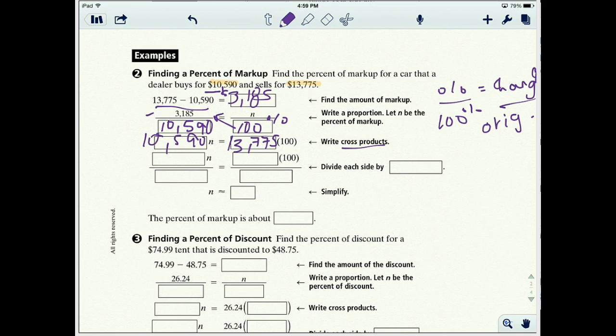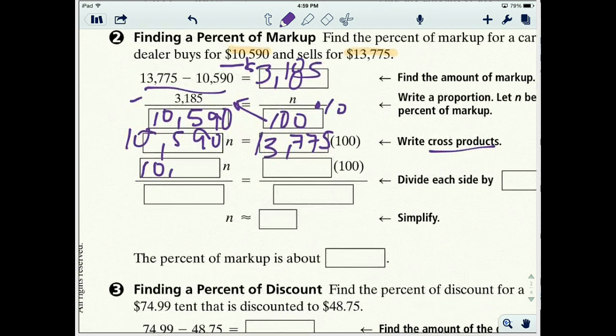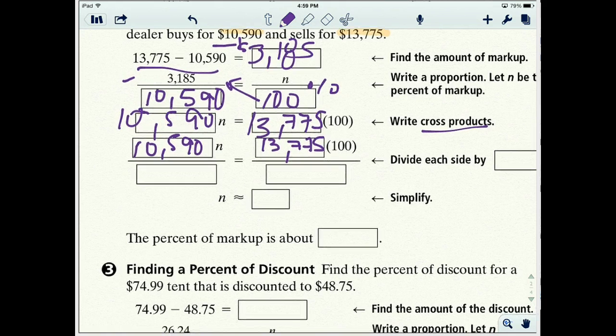And then I'm just going to simplify this, and then we can divide both sides by 10,590.